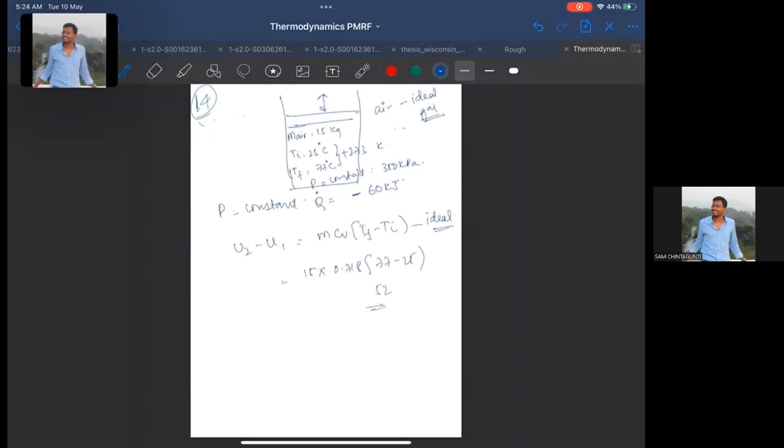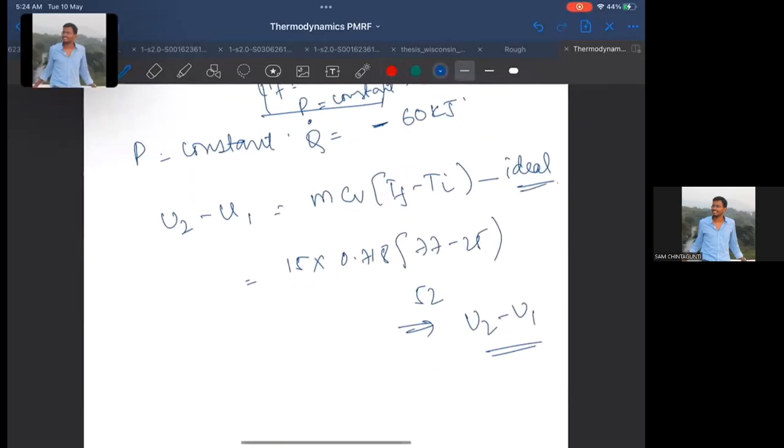So this will give us U2 minus U1. Now, what we need to find, now we'll apply the first law.